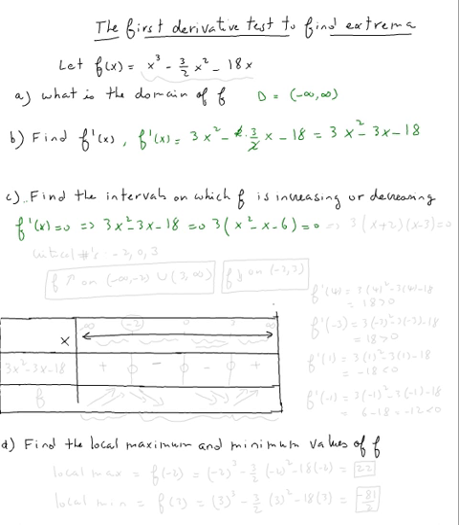Factor that one also, product of negative 6. So it's x plus 2, x minus 3. So the critical numbers are negative 2 and 3.